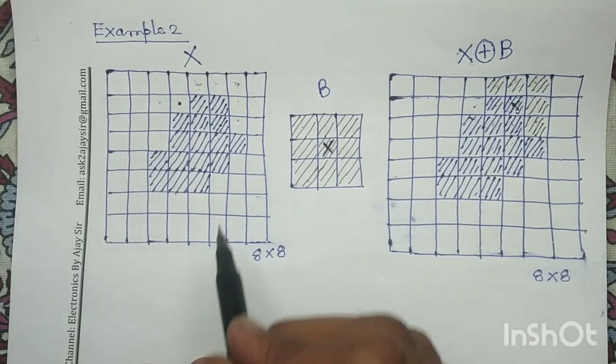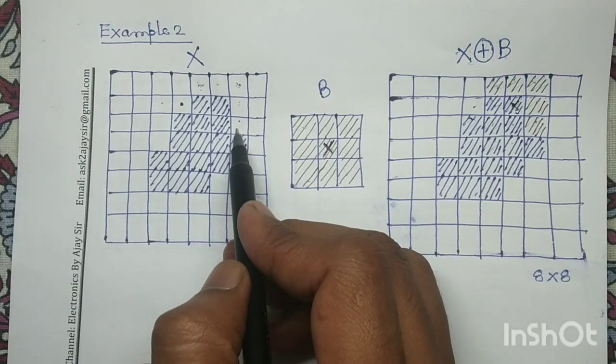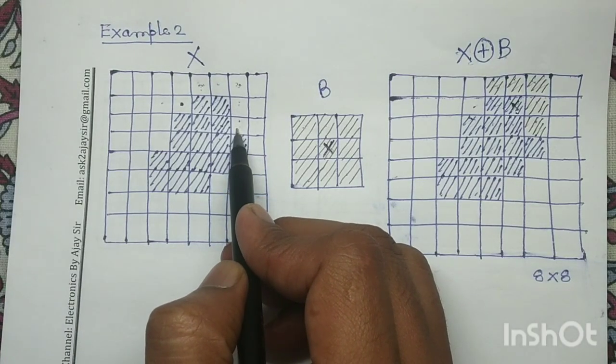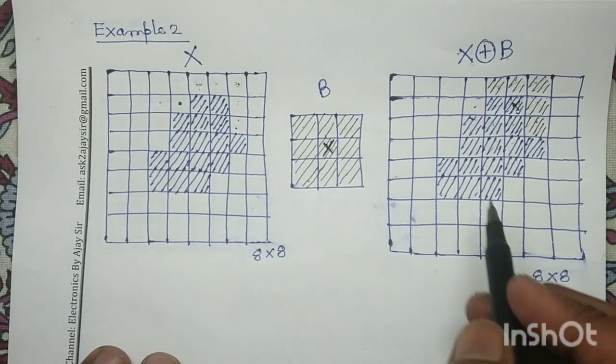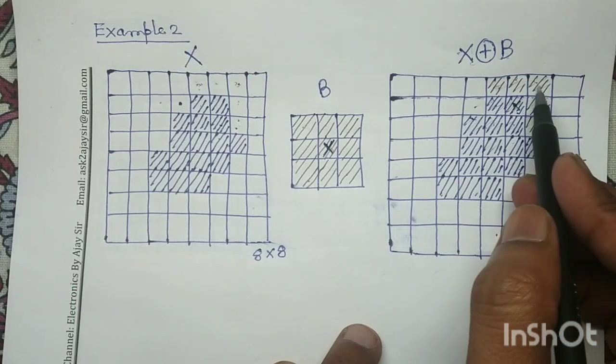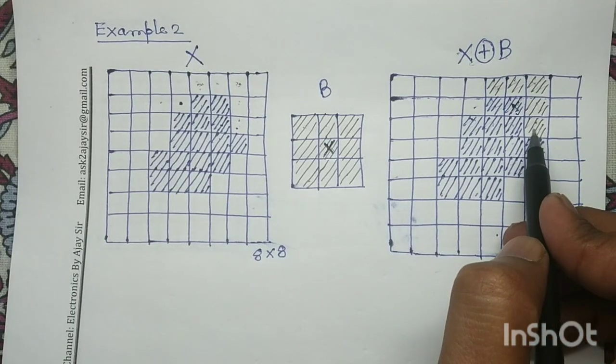Or in other words, these pixels which are part of the background in the original image X, after performing the dilation operation, become part of the object pixels.